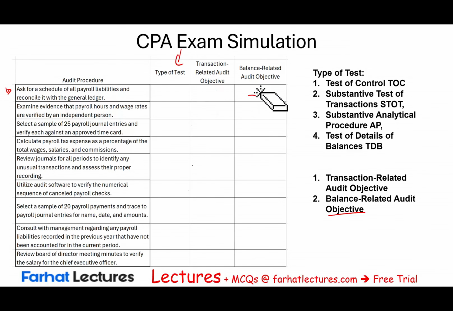Under this box, you will have a drop down menu that gives you all the objectives, and you would have to select the appropriate objective. So in this session, we will go over these transactions separately, one by one, talking about the type of the test. Is it a transaction related audit objective, or a balance sheet related audit objective? Let's go ahead and get started.